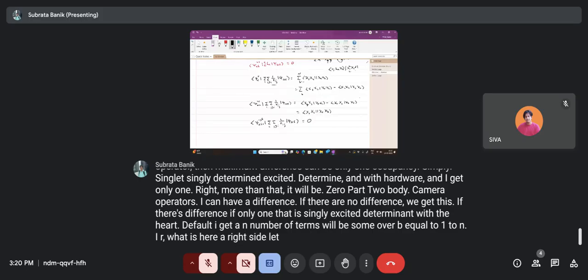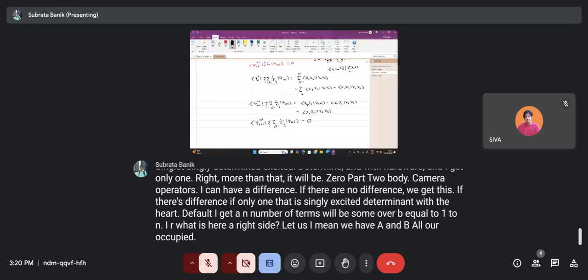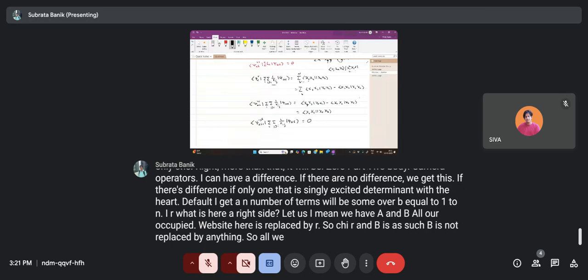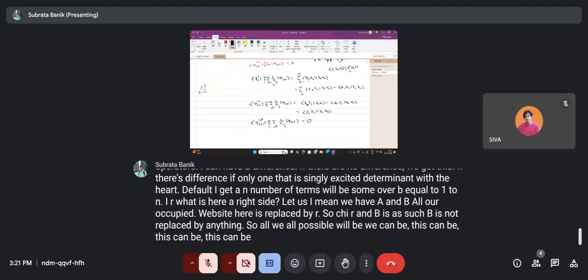On the right side, we have a and b, all are occupied. On the left side, a is replaced by r, so chi_r, and b is as such b. b is not replaced by anything, so all possible b. This can be b, this can be b, and so on. So n number of terms will survive.